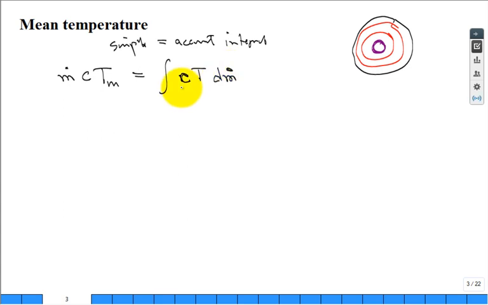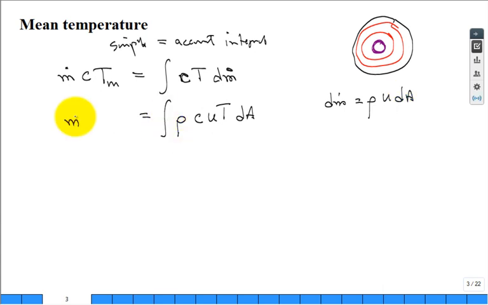I'll sum up over the little mass flow rates for each of the rings. Let me write it this way. Rho from the m dot, this, and then the C, then the U, then the T, and then we're going to have the little dA. So the little chunk of flow rate will be rho U dA.